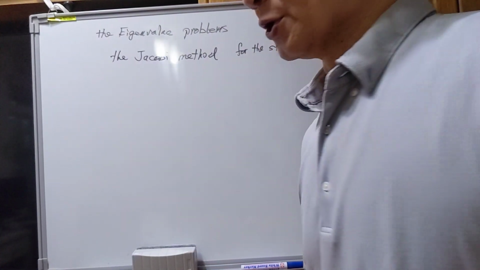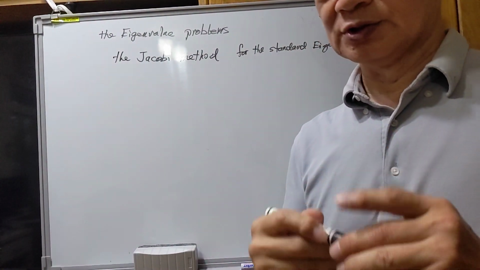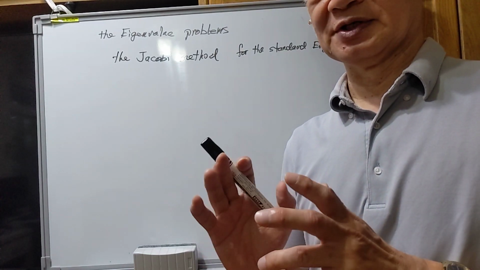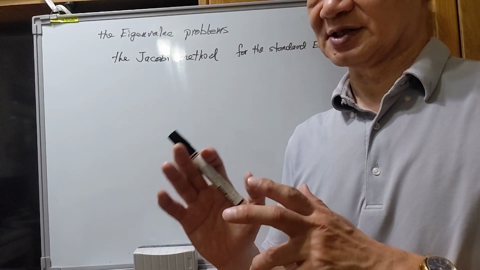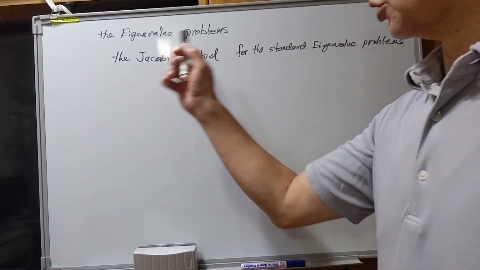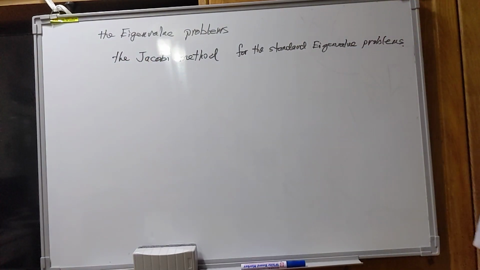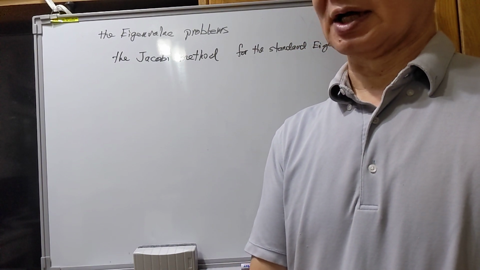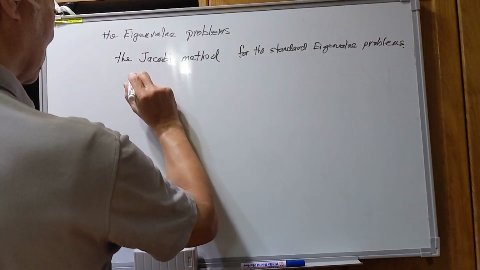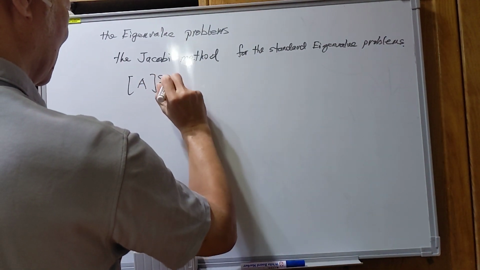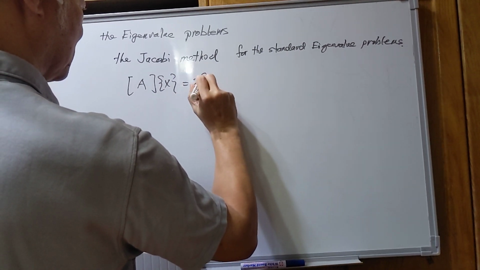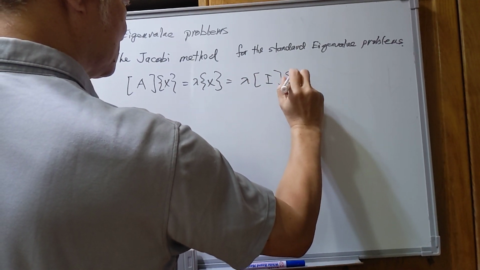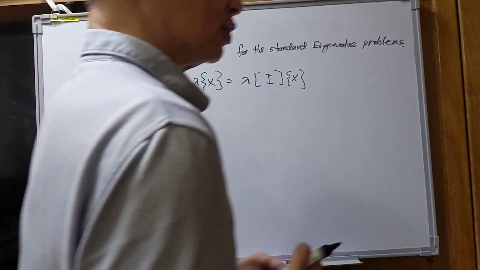Remember, the standard eigenvalue problem means the right-hand side matrix, the B matrix, must be a unit matrix. So right now we are considering the problems Ax equal to lambda x, or lambda I x. That's the standard eigenvalue problem.